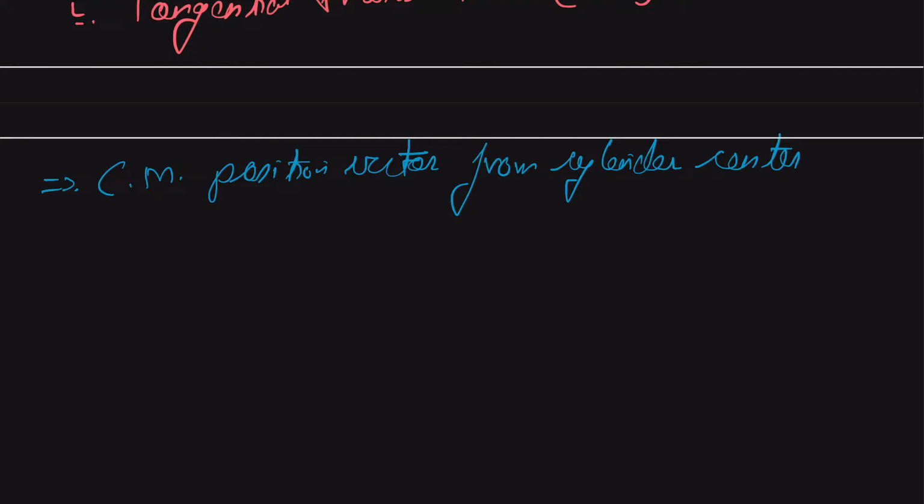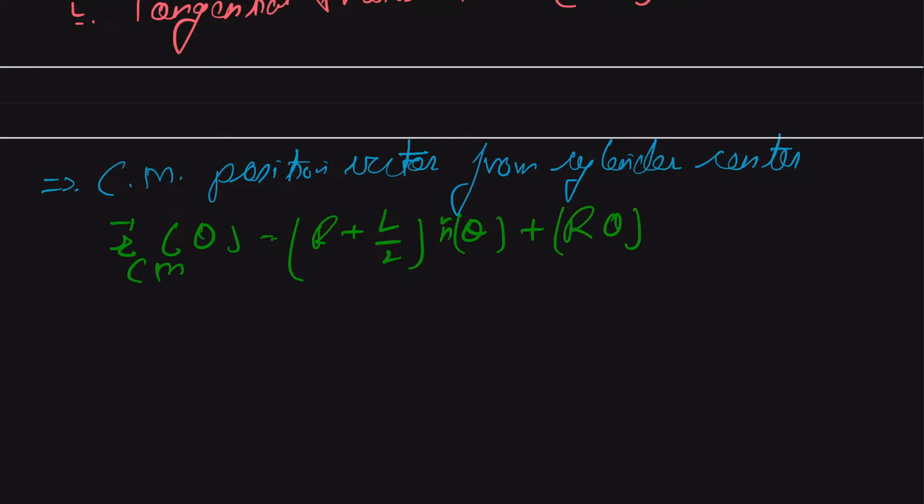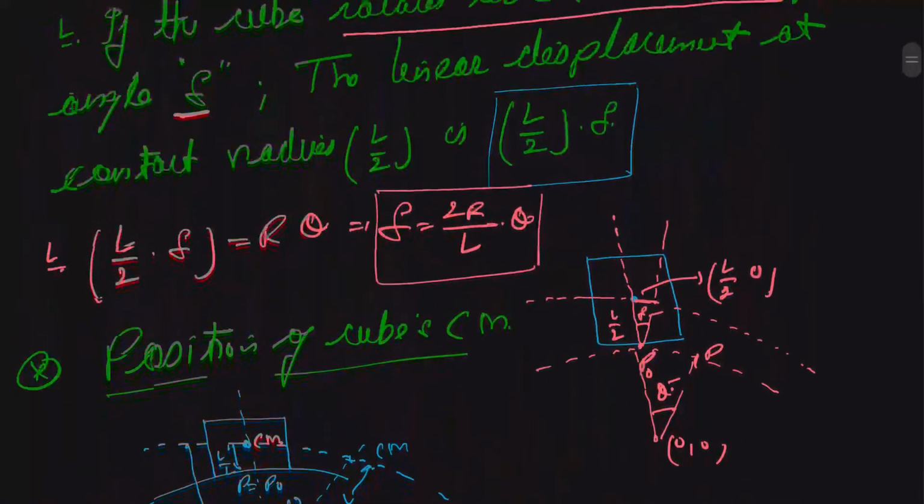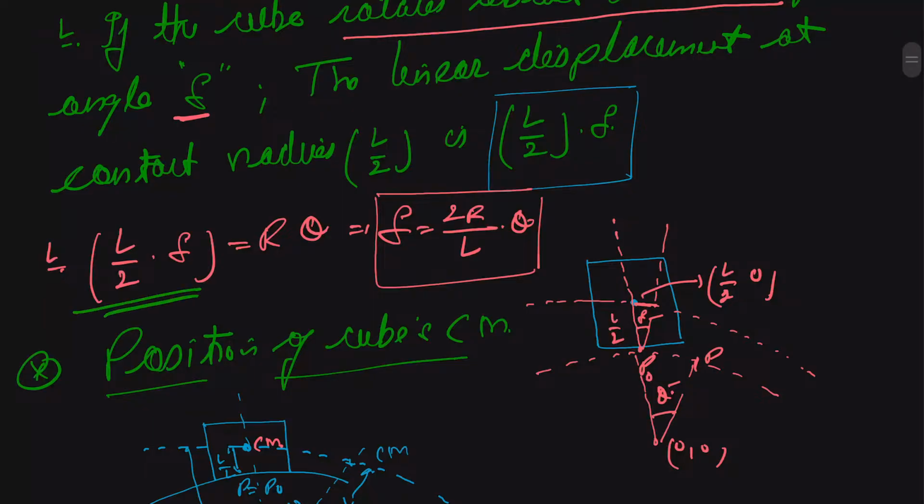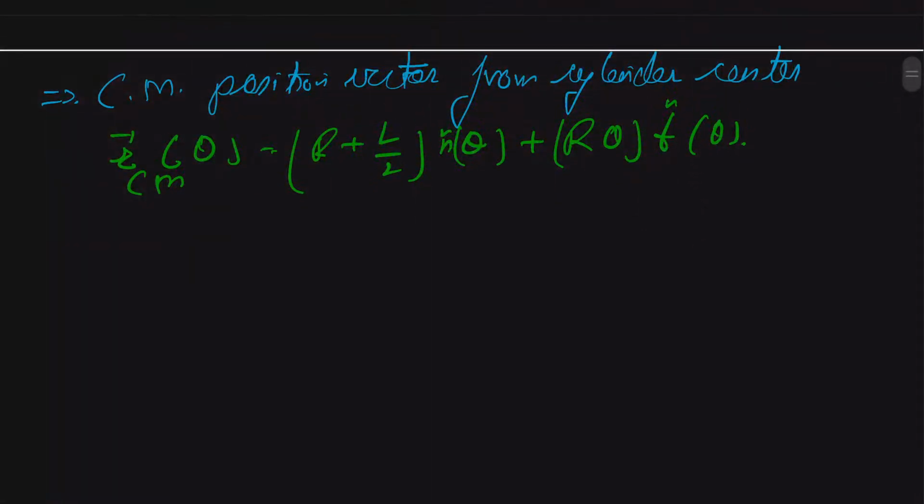Therefore, R_CM of theta will be equal to R plus L by 2 times the n unit vector, which is theta dependent, plus r of theta times the tangential unit vector. In place of r of theta, we can also write L by 2 times delta, but we are interested only in r, that's why we are calculating it with respect to r of theta.